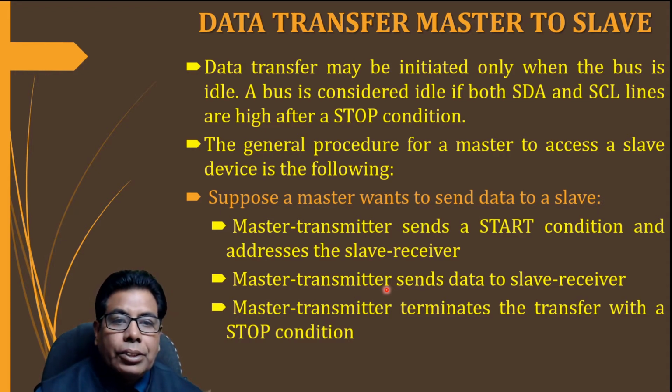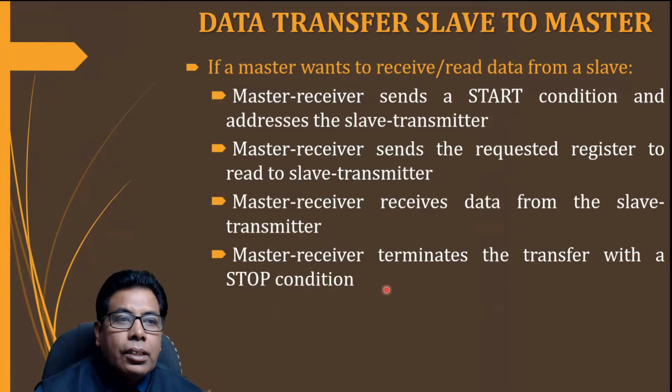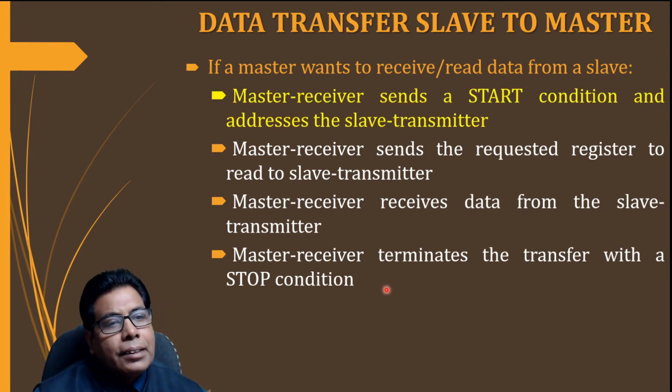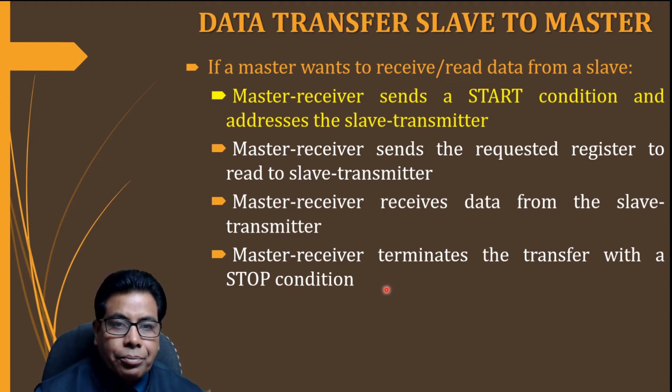Then the termination is done with the help of the stop condition. Similarly, if a master wants to receive data from the slave, then the master will be acting as the receiver. Again it will send a start condition and address the slave transmitter. Then the master receiver sends the request for the register to read from the slave transmitter. Whatever register it wants to read from the slave, it will send a request for that.